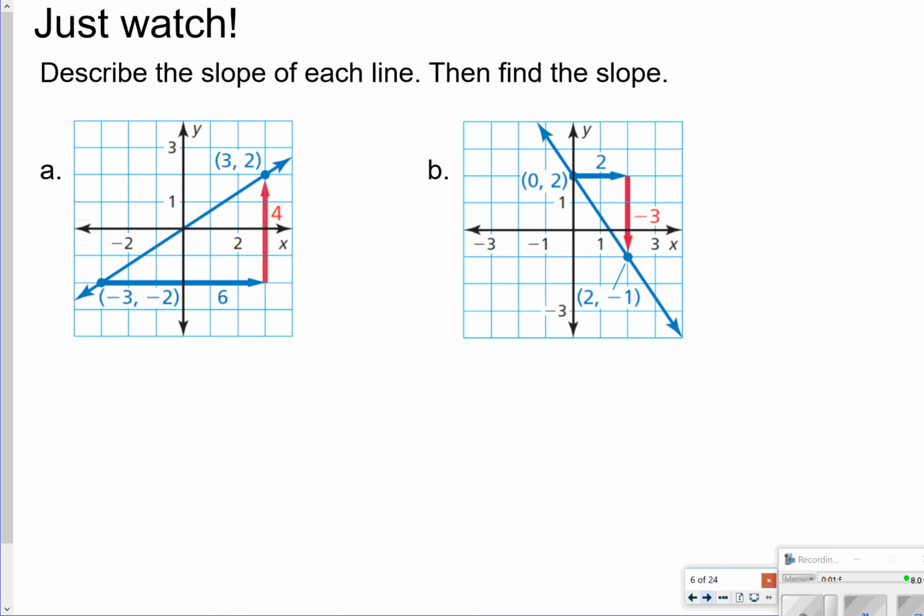All right, so what we're going to do is find slope, and remember the easiest way to find slope on a graph is just rise over run. So you're figuring out how much did it rise and how much did it run to get from each point. In this case, letter A, the rise is a positive 4, and the run is a positive 6.